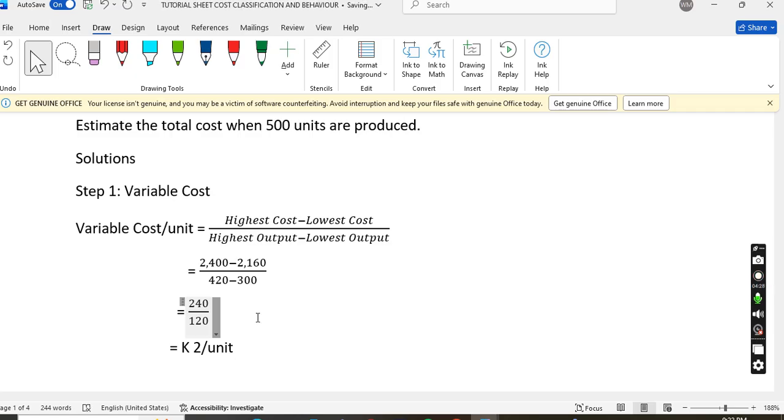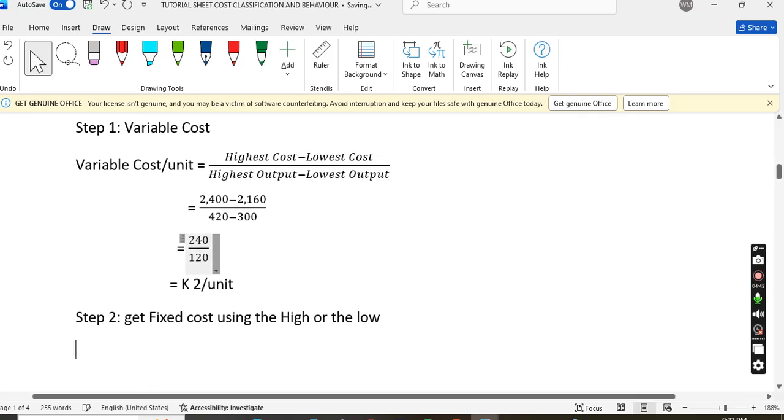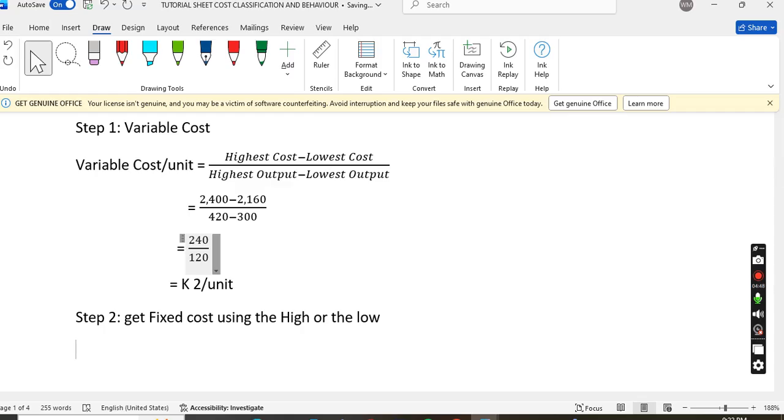Okay, in step 2, get fixed cost using the high or the low. With the high, we're using the highest cost and the highest output. With the low, you're just using the lowest cost and the lowest output.